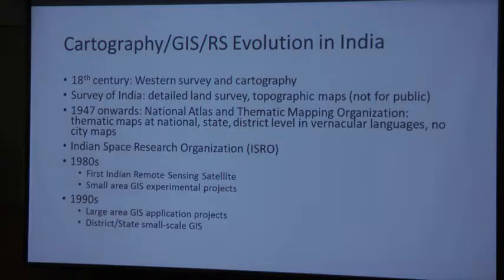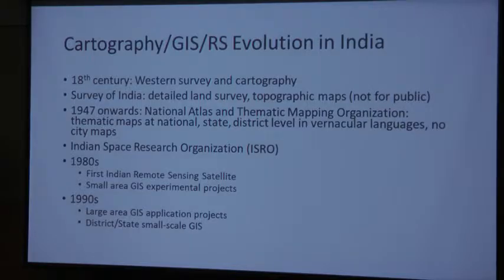Again, India has 24 major languages, not counting the minors, so the production of maps in vernacular languages was very important. However, no city maps. Okay? After that, more developments, especially the Indian Space Research Organization, and from the 1980s, experimentations with GIS, as well as the first satellite.